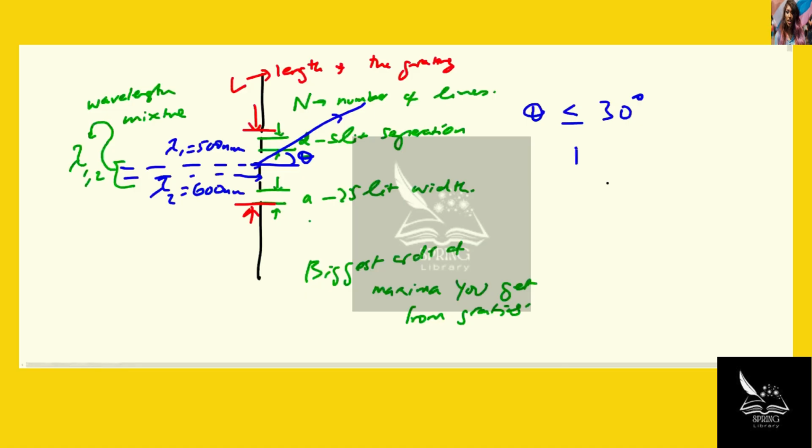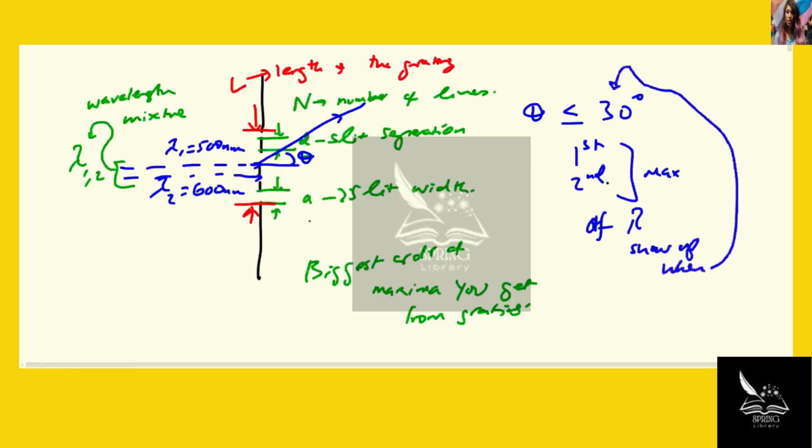So the first and second max of the wavelengths lambdas show up when this is true. So when theta is less than or equal to 30, that's when the lambdas show up. So we're just going to go ahead and jump right into the problem.